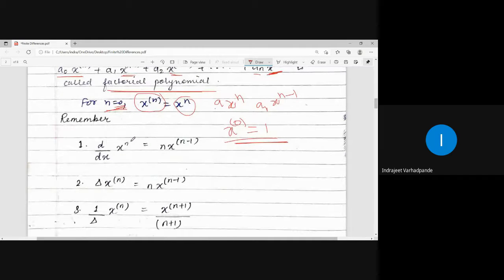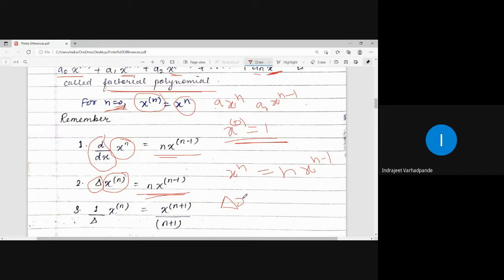In general, for a simple polynomial x to the power n, when I differentiate it, the power gets reduced. The derivative of x to the power n is n into x to the power n minus 1. Similarly, for a factorial polynomial, if I apply delta, which is the forward difference operator, it will also reduce the function, but in the factorial notation.